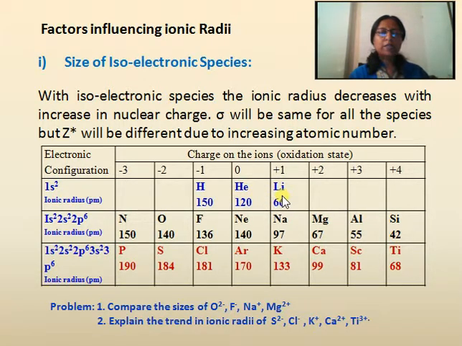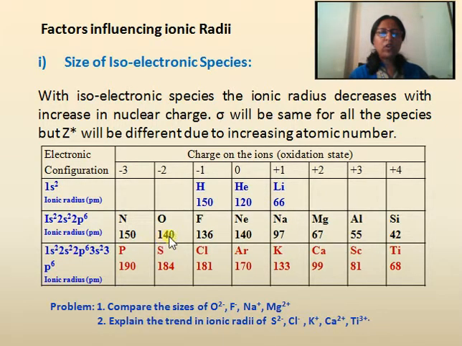As Z star increases, the attraction exerted by the nucleus on the outer electrons will be more, and so the size will decrease. So here you see the ionic radius for H minus is 150 picometer, whereas for helium it is 120 picometer, and for lithium plus it is 66 picometer.